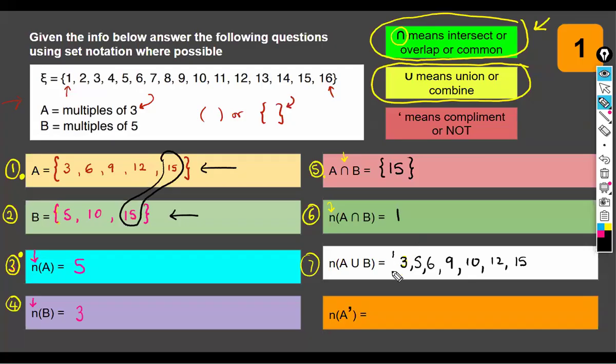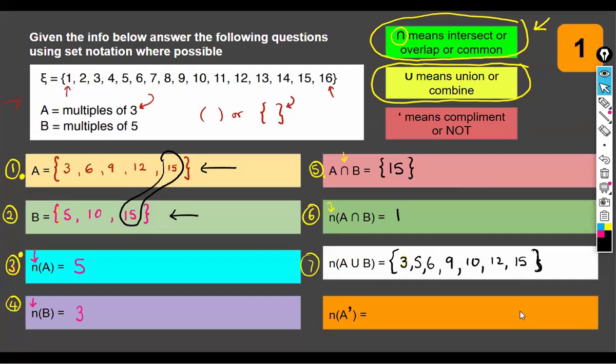And of course, I put my squiggly brackets. What did I do wrong? Didn't I just combine everything in A and B? It's like I had a 3, a 6, a 9, a 12, and a 15 in my pocket, and I had 5, 10, and 15 in another pocket. So I take out everything from both pockets and throw them on a table, but no duplicates. You only write the 15 once.